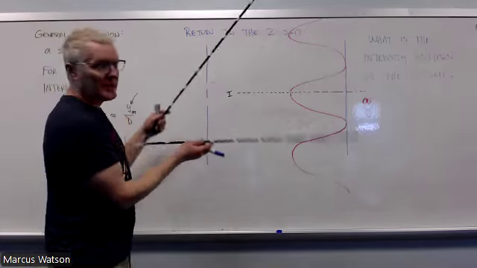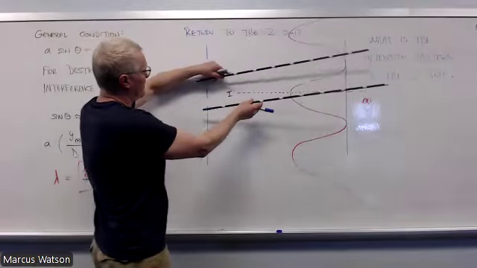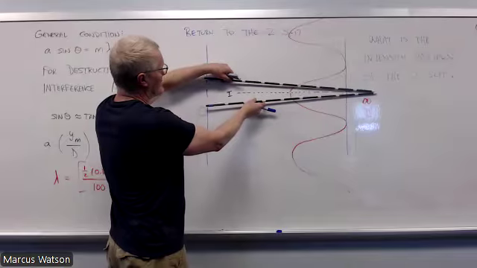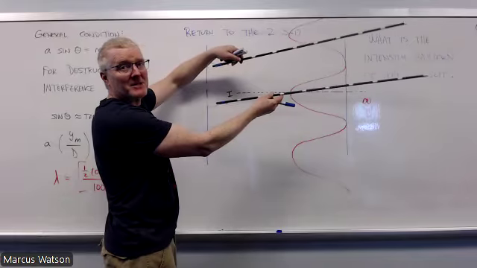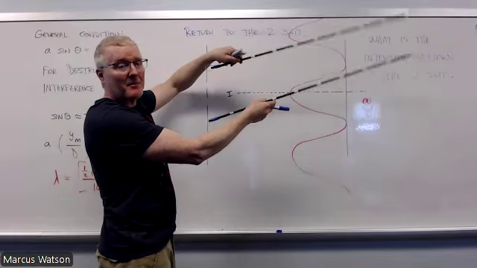I have only two waves. So when the peaks line up, I get construction, and that means it's a maximum in the amount of energy that's going to be located at that point on the screen.